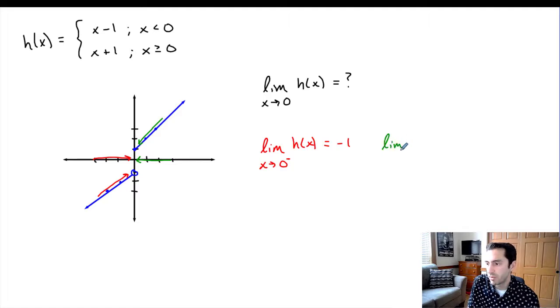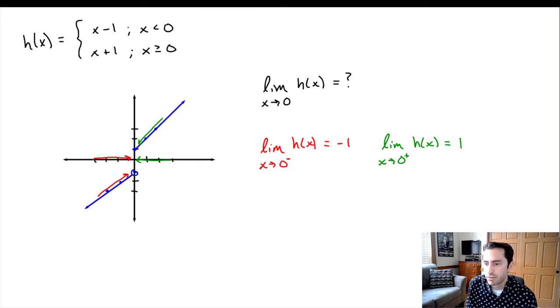So we do the limit as x approaches 0, and this time, to indicate we're talking about the right-sided limit, we'll use a little plus sign. That indicates we're coming from the numbers that are bigger than 0. So the right-sided limit of our function, in this case, our line is getting really, really close to positive 1.